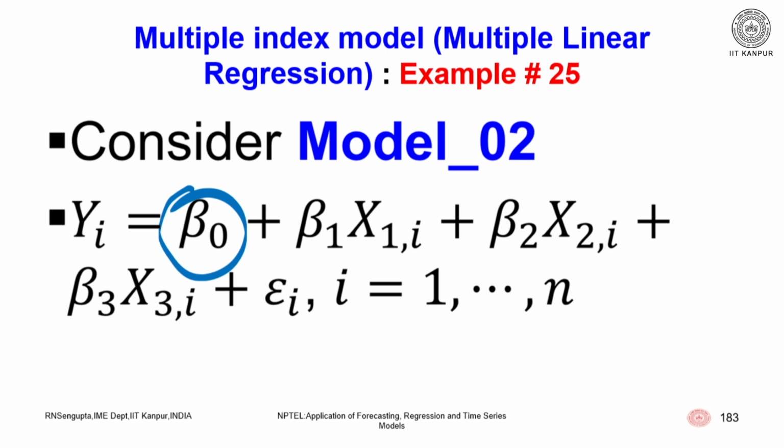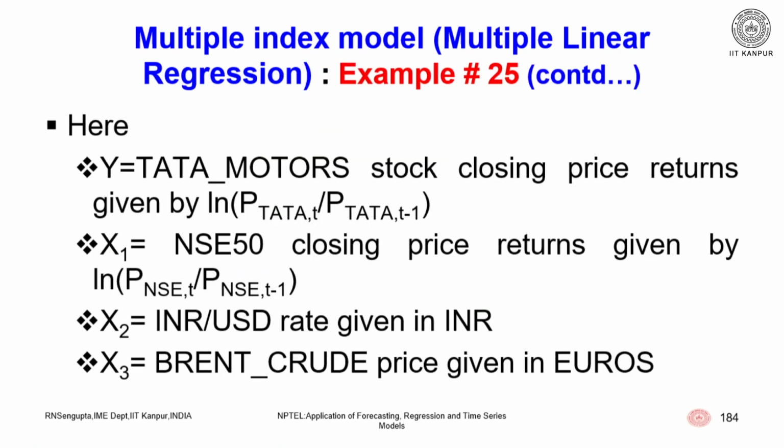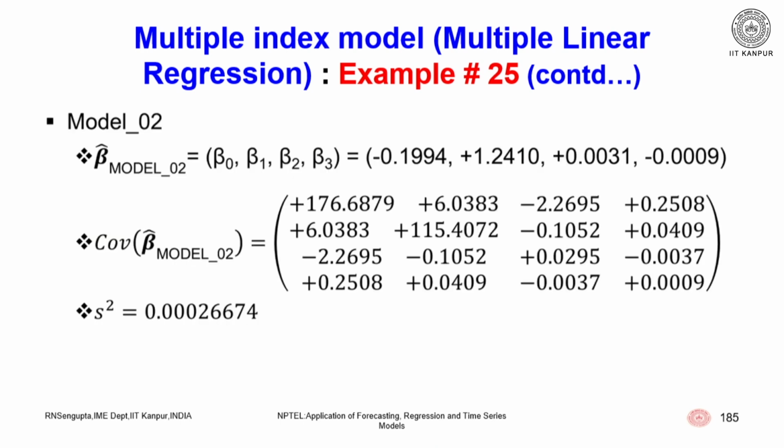Similarly, we had per day Indian rupees to US dollars as well as per day Brent crude price. Again, Y is the Tata Motors closing price based on ln of P2 by P1. X1 is the NSE 50 closing price, again based on ln of P2 by P1. X2 is INR to USD given in INR, and X3 is Brent crude price given in euros.